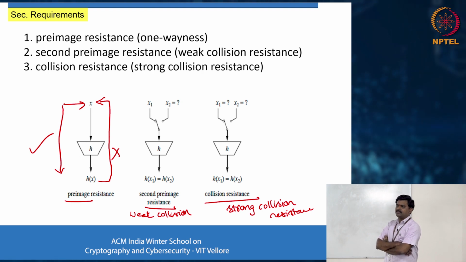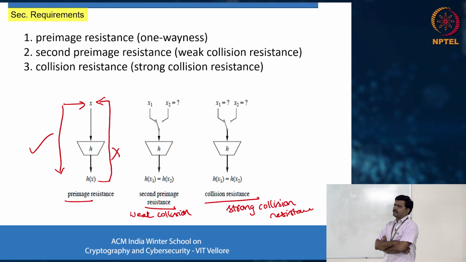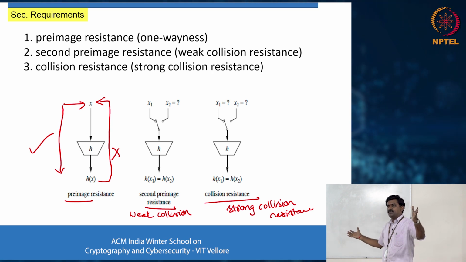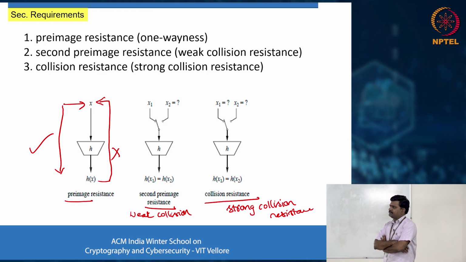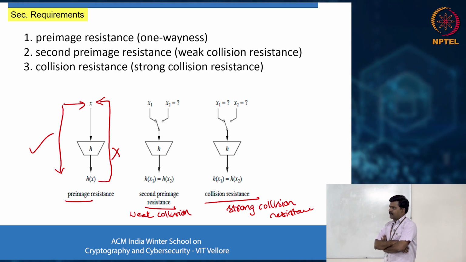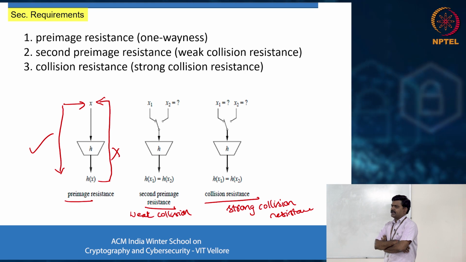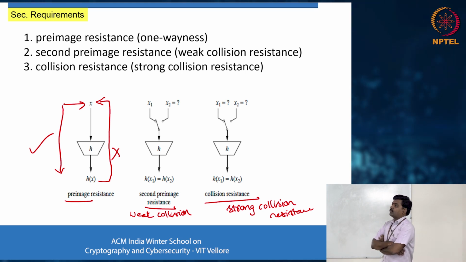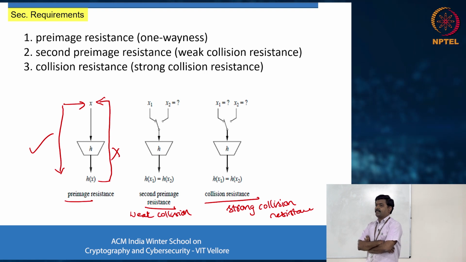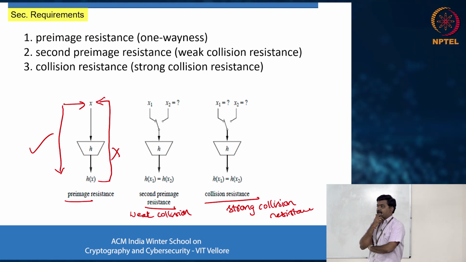Now what are we talking about in hash functions? Variable length input, fixed length output. So obviously collisions will happen. The ideal hash requirement is that one should not get collisions.